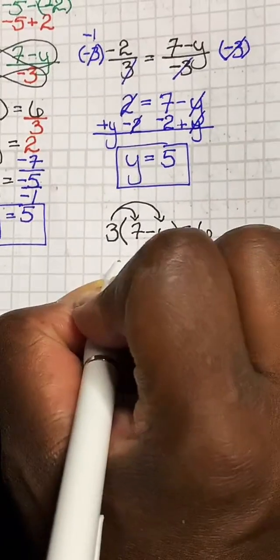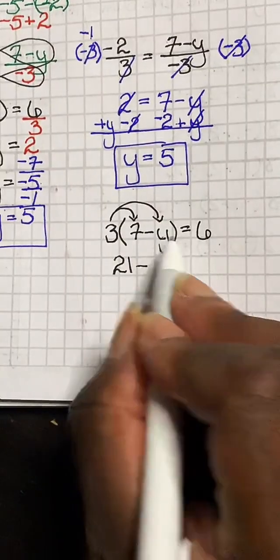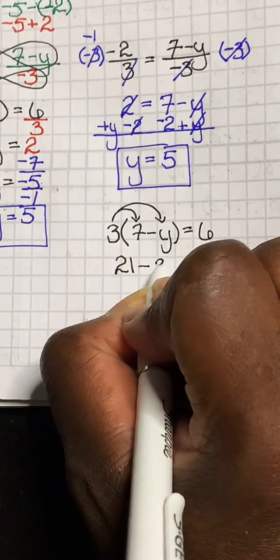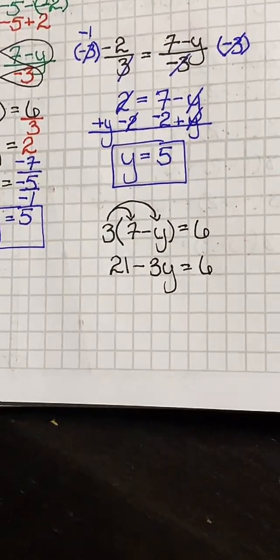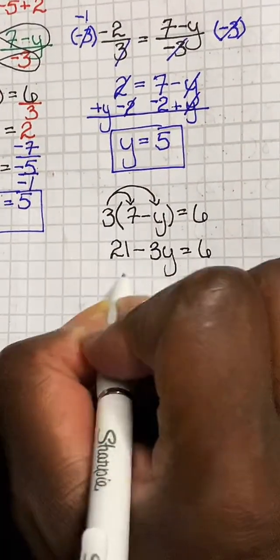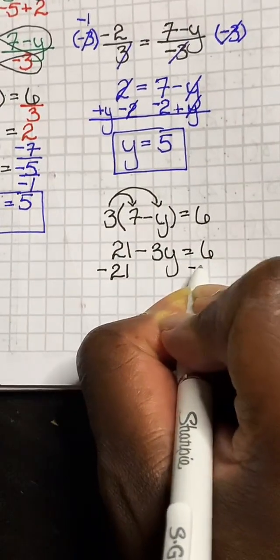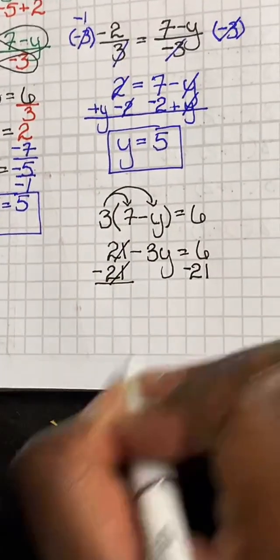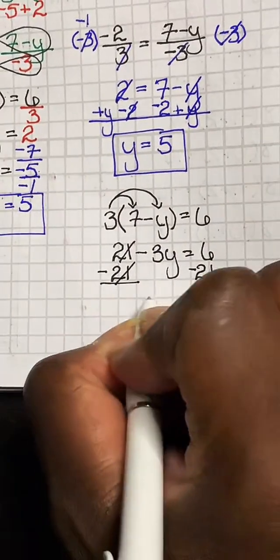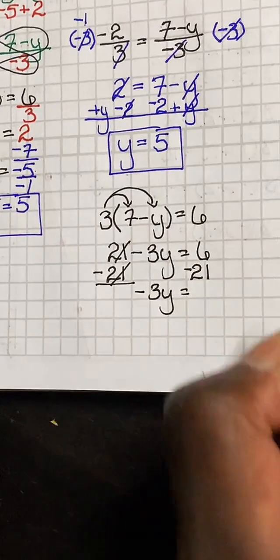So 3 times 7, that gives me my 21, minus 3 times negative y gives me a negative 3y equals 6. All right. So now from here, I'm going to subtract the 21. Don't need the 0 because I still have my negative 3y.